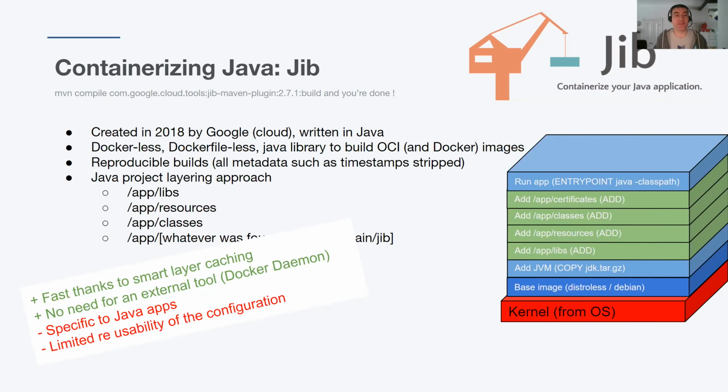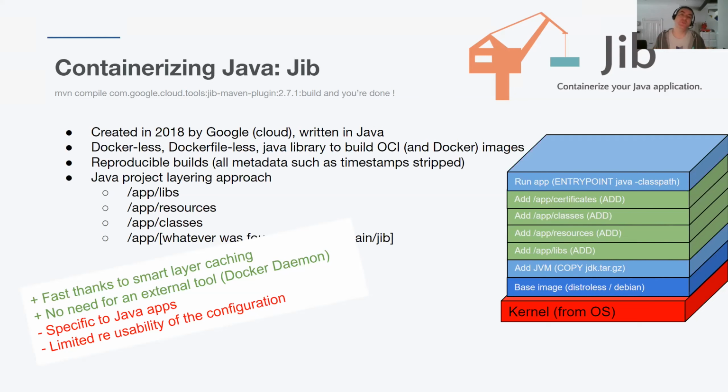On the con side, it's specific to Java apps, even though they have a Jib CLI that is coming up. So maybe that's going to change, but for now, it's really specific to Java apps. I mean, when I'm talking Java, by the way, it's JVM, right? So it can be Kotlin, Scala, and Java, of course. Also, there is a limited reusability of the configuration. Why?